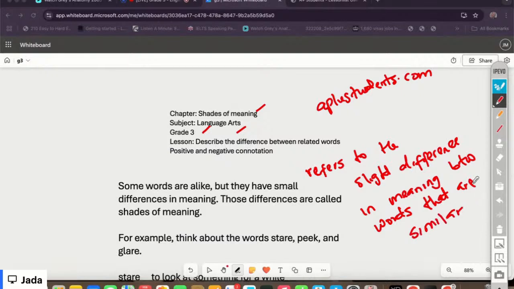So between words that are similar. These words could be similar, but they have just a little difference between them.